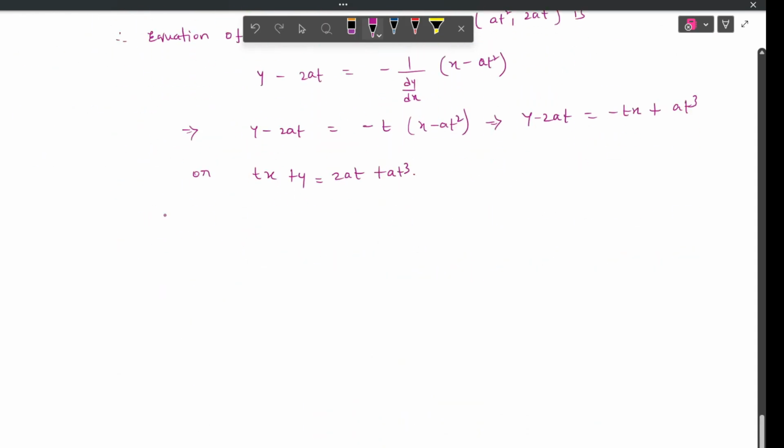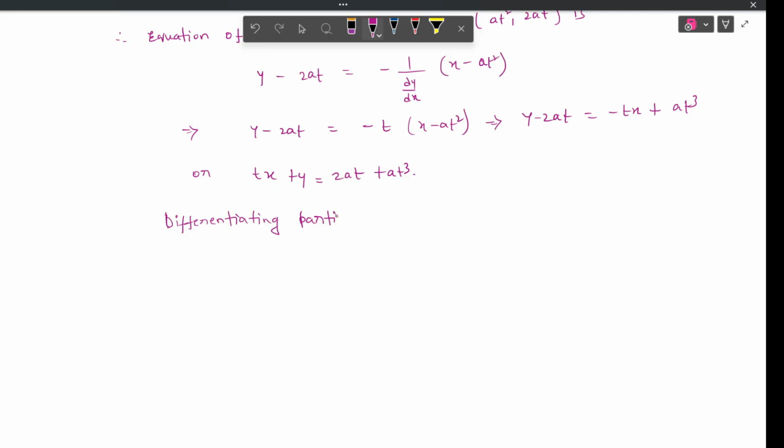So differentiating partially with respect to t. So let's differentiate with respect to t. So x will be constant. So x dt by dt is 1. Y is constant. 2a dt by dt is 1. And this would be 3a t square.